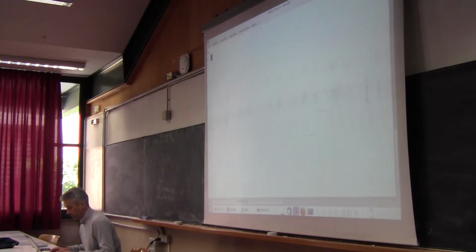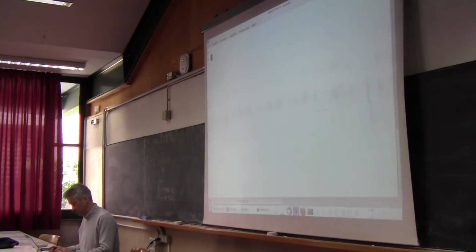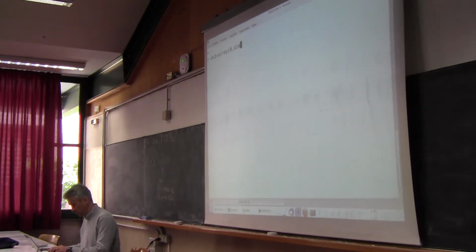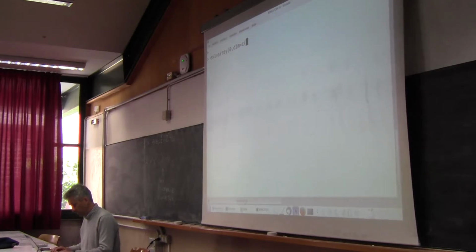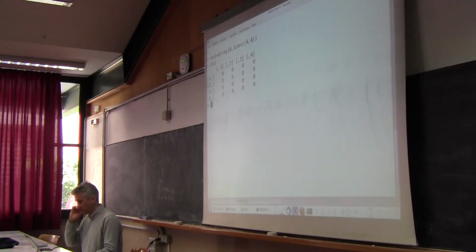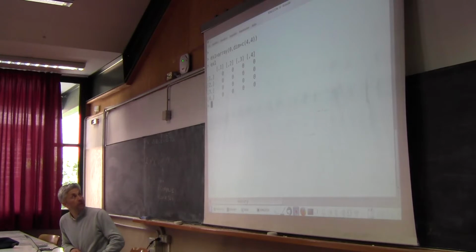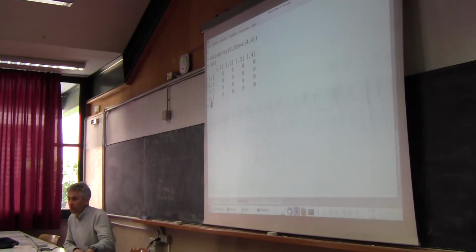What I have to do is, first of all, define a matrix. We can call it X1. It's an array. And let me put into it zeros, and the dimension is equal to 4, 4. So now if I visualize X1, this is my matrix, which is made by zeros. And then let's fill it in with the values that we determined in Excel.